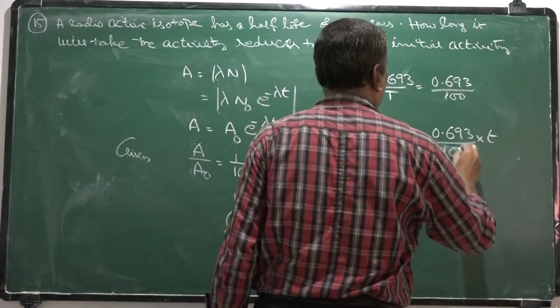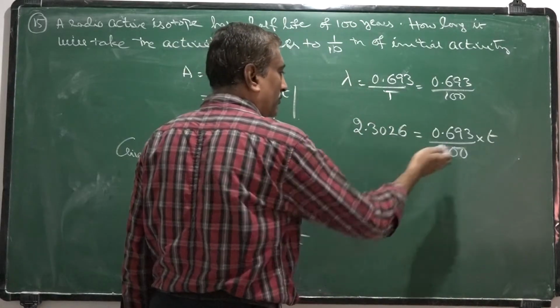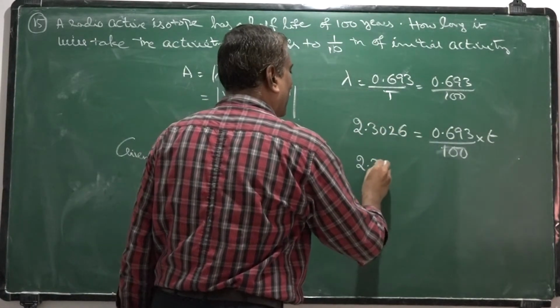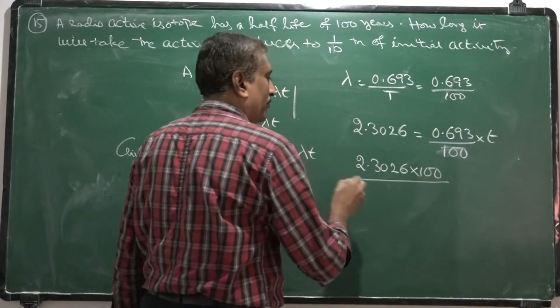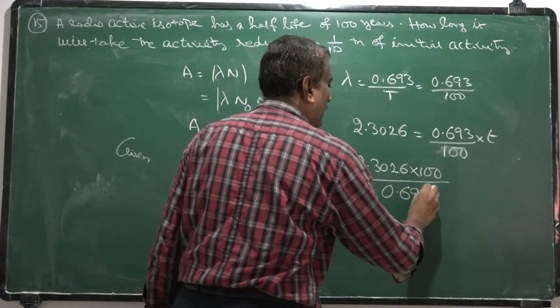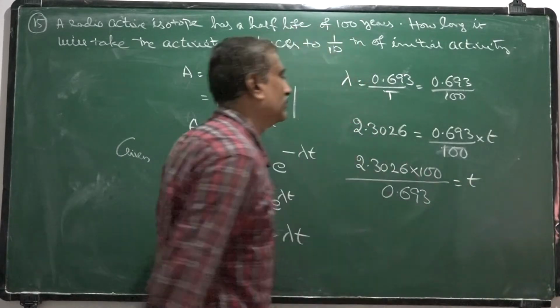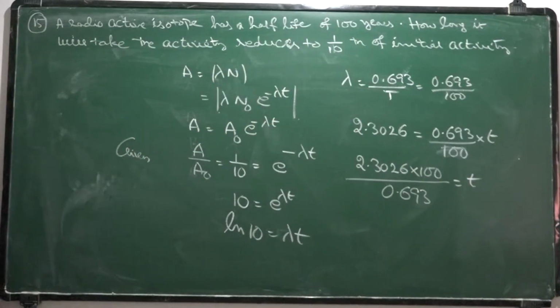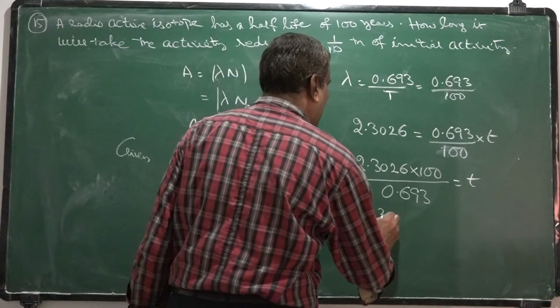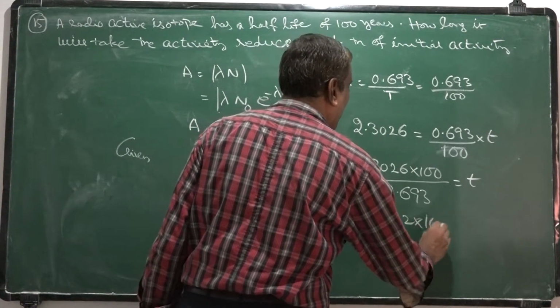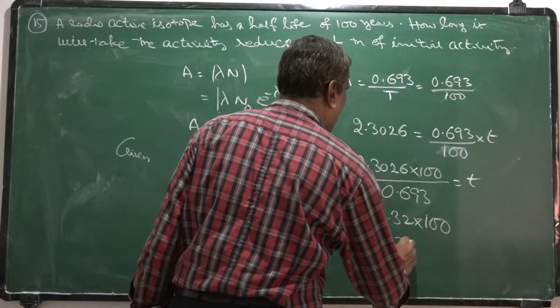So t = 2.3026 × 100 / 0.693, which is approximately 3.32 × 100, that is 332 years.